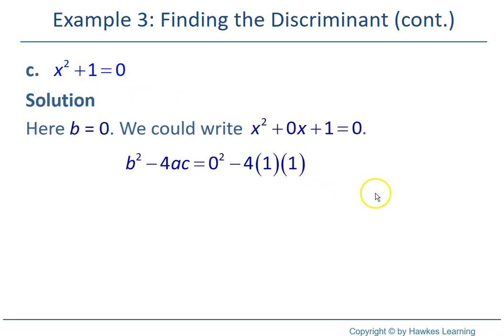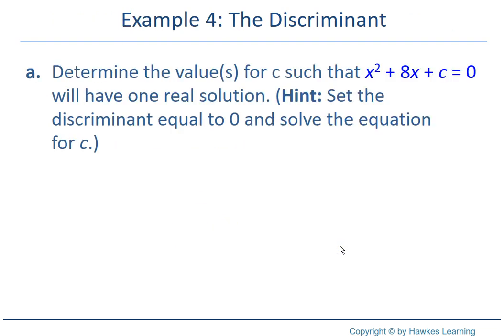It's probably easier this way. So under the radical sign, you're getting a negative 4. So there are two non-real solutions. That is, complex numbers. Again, in this case, b is 0. This happens to be the answer also, but that's another story.